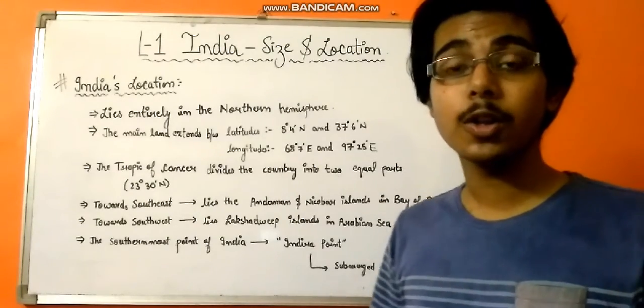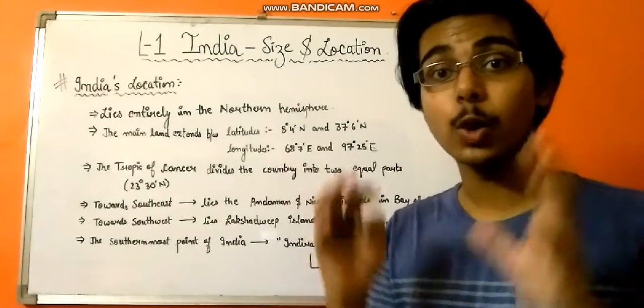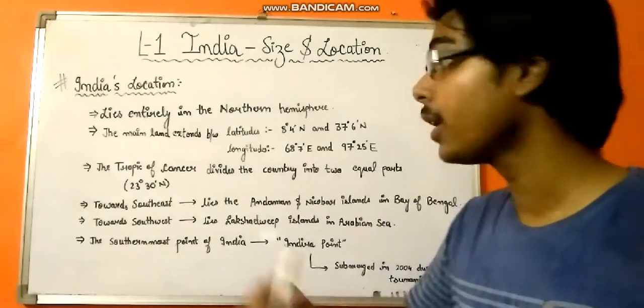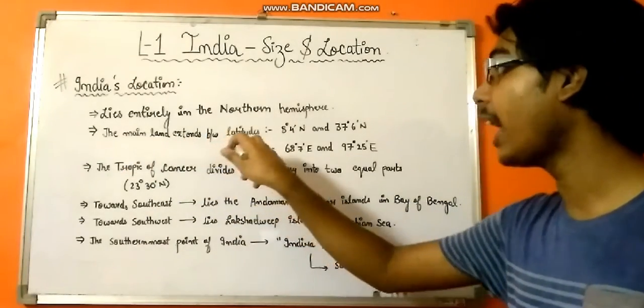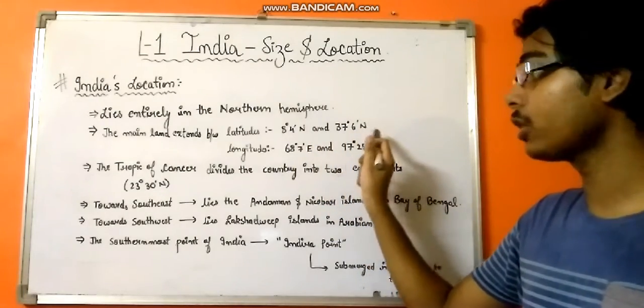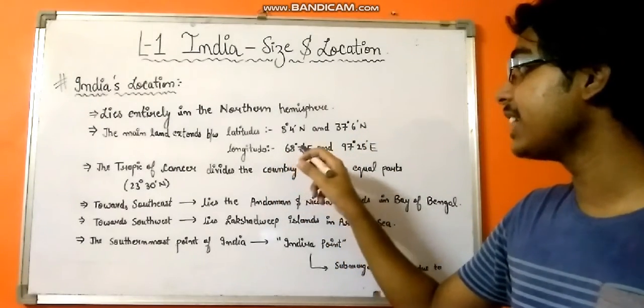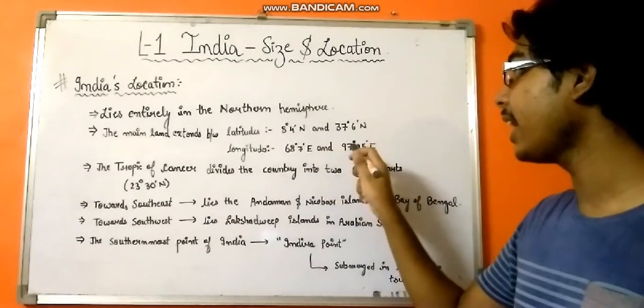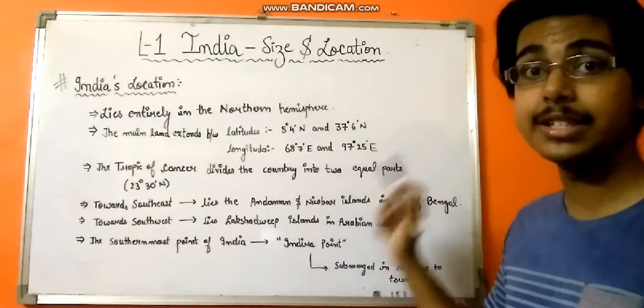Now let us look at the second point. It actually talks about the geographical location of the Indian landmass. See, the mainland extends between latitude 8 degree 4 minutes north and 37 degree 6 minutes north, longitude 67 degree 7 minutes east and 97 degree 25 minutes east.